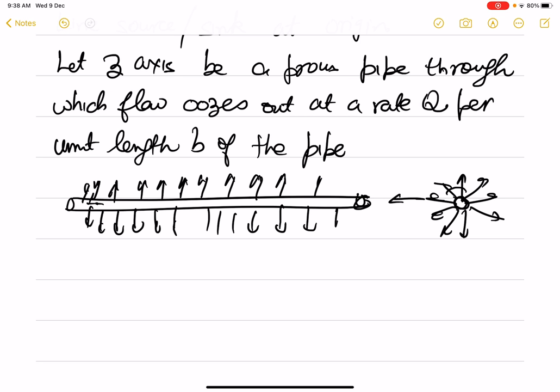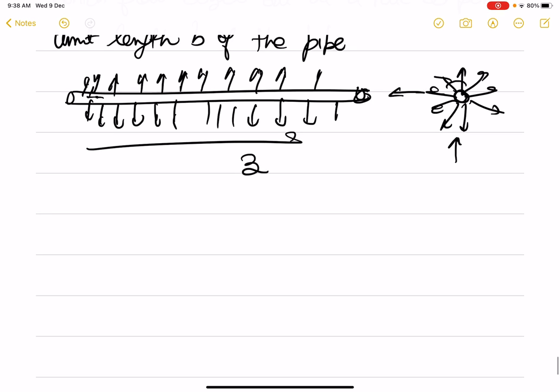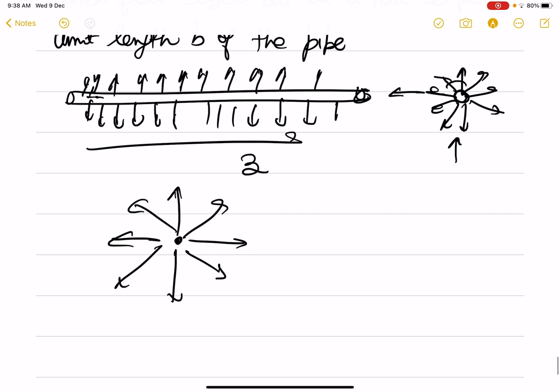So we are looking at this view. So this is the z-axis and we are looking at the xy section. So here that means if I look at this, there's a pipe, there's a point here from where flow is coming out in the radial direction.